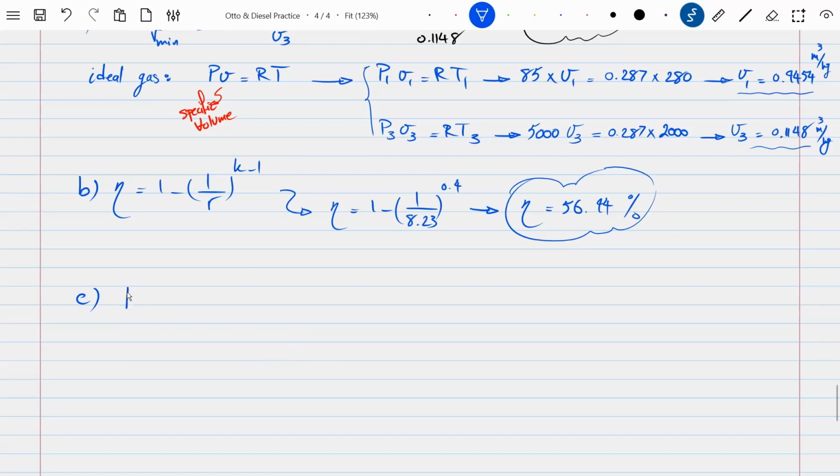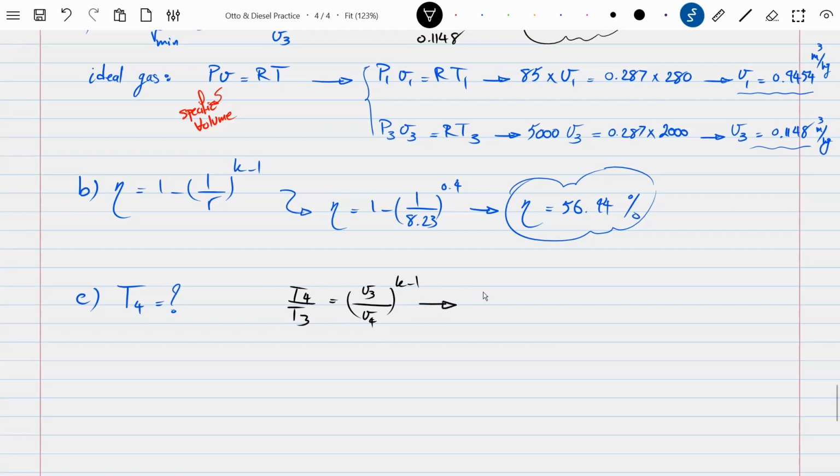So the exhaust temperature is actually T4, and we are tasked to find it. The process 3 to 4 is an isentropic expansion. Because it's an isentropic expansion, we can use the isentropic relations. So I can say T4 over T3 is V3 over V4 raised to K minus 1.